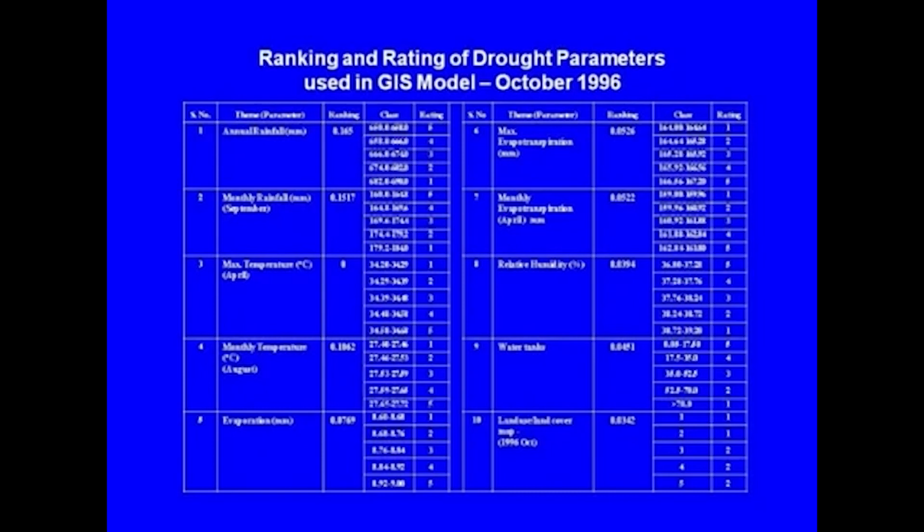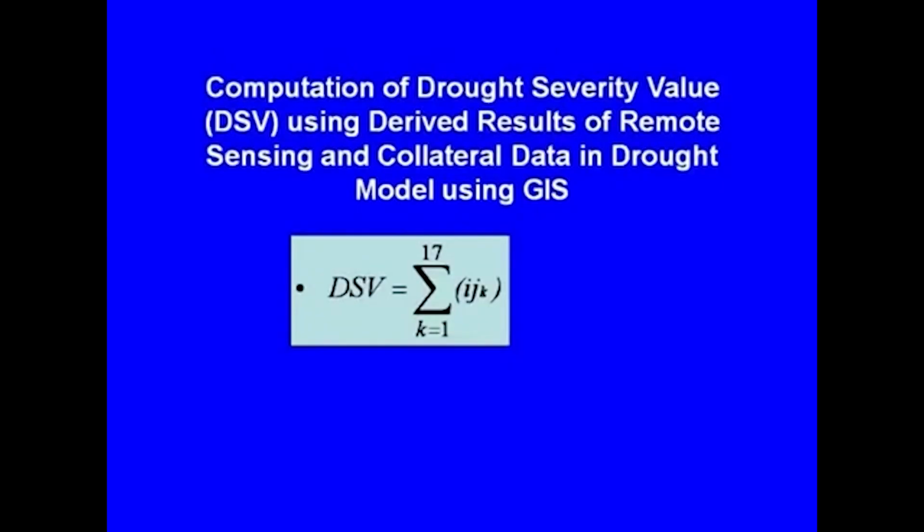Now, within each ranking, ratings also have been provided, that is we need to classify or group the information into different levels, and based on that, ratings of up to level 5 have been uniformly adopted for all the parameters which contribute towards the drought.